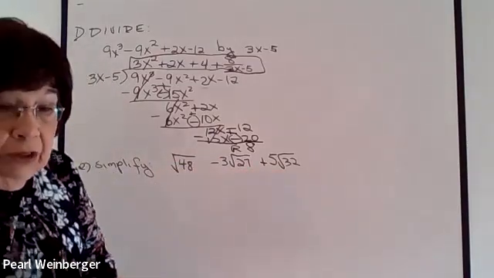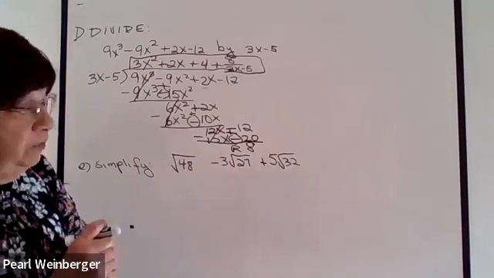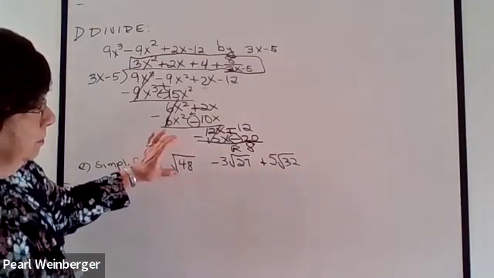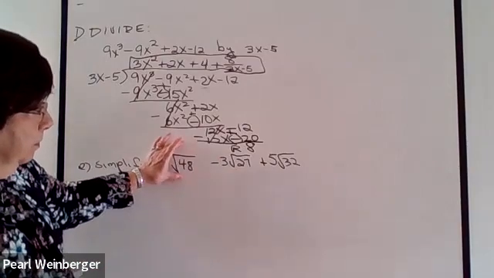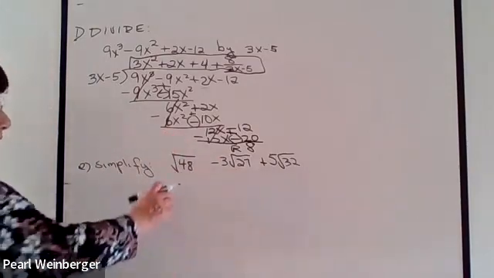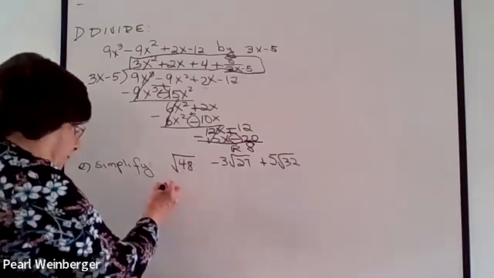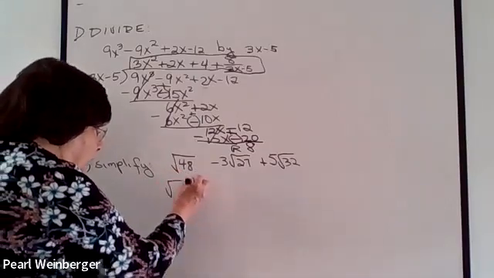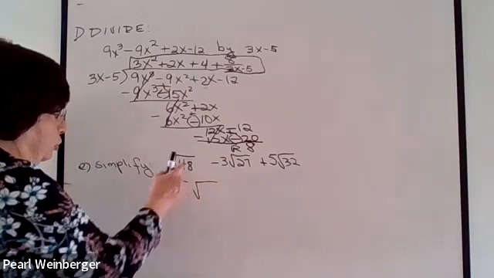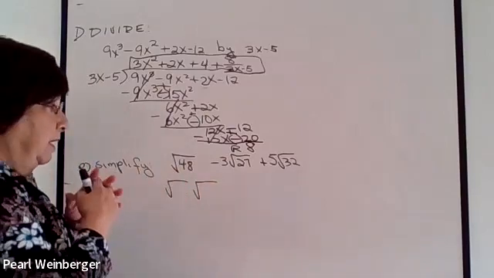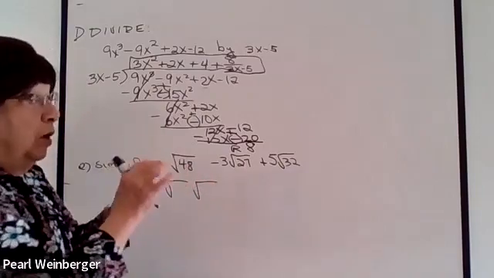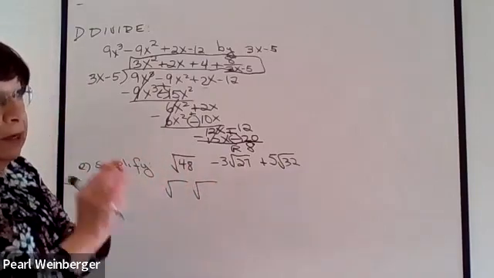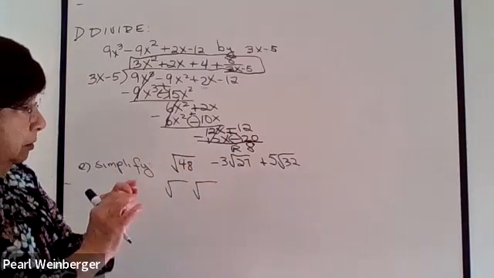But another thing that we learned how to do is to simplify radicals, to make them as simple as we can by breaking them up into two parts. Let's say we have the square root of 48. We're going to try and break up 48 into two numbers that multiply together to give me 48, but one of them is going to be a perfect square.